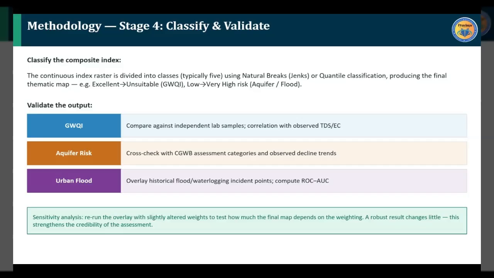And for flood risk, you overlay against historical inundation reports, waterlogging complaints, high watermark reports, etc. A very common and rigorous approach is the ROC curve and its area under curve, that is AUC statistics, computed against known flooded points.